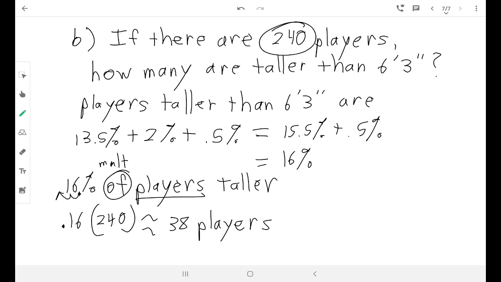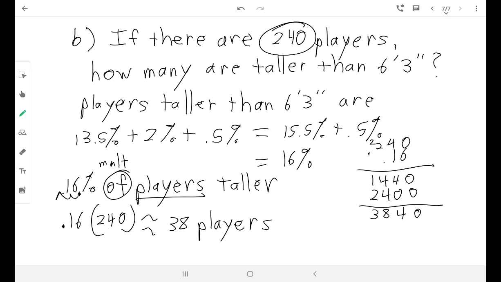Now, when you actually do this multiplication, if, let's say you do 0.16 times 240, you'd get 0.6 times 4 is 24, carry the 2, 6 times 2 is 12, plus 2 is 14, and then 0 placeholder, and 0 for 2, add them up, 0, 4, 8, 3, 2.